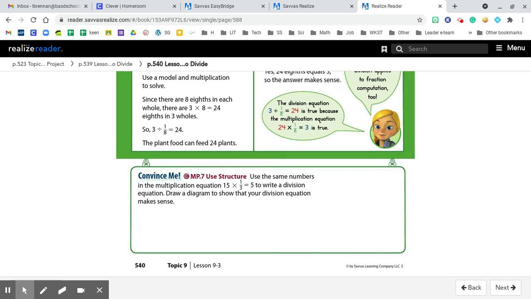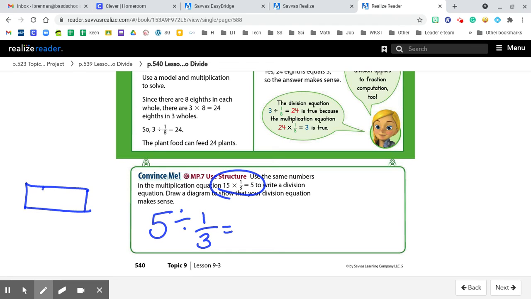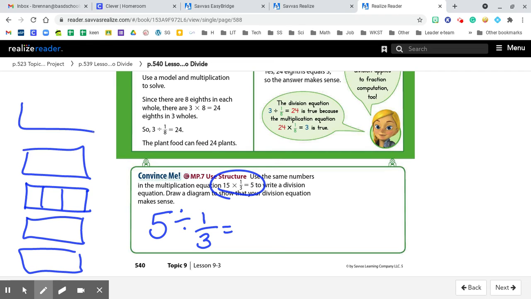15 times 1/3 equals 5. To write a division equation, how would we move that around to make a division equation? We're going to use 15 times 1/3 equals 5. So we can say 5 divided by 1/3. Remember, if I'm dividing into thirds, and I've got 5 groups, we want to know how many thirds we have altogether.